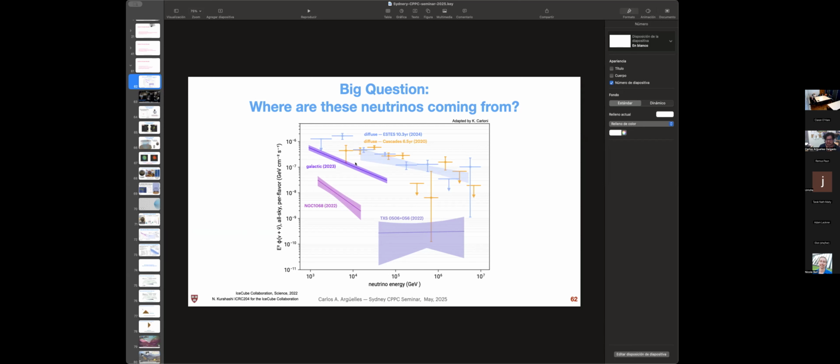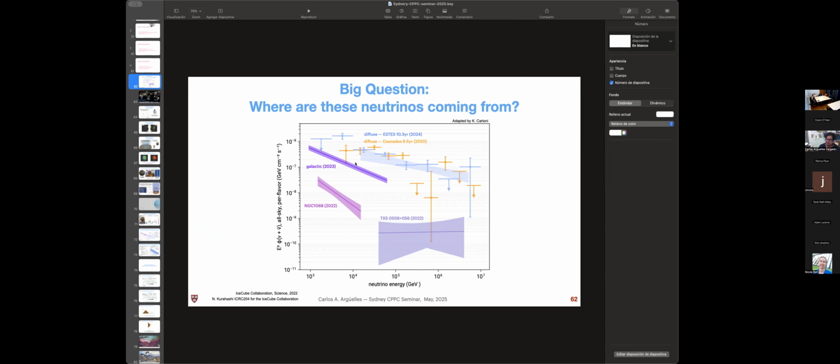However, the normalization of that flux has a large error, which depends on the amount of gas that actually exists within our galaxy. And so there are models where you could explain the whole flux that we see from the galaxy from cosmic ray collisions with gas. And there are cases where you are actually below the prediction, and that, of course, implies that there are sources.